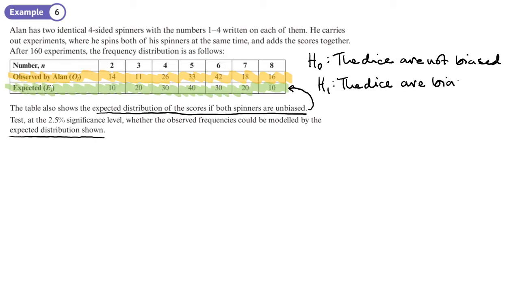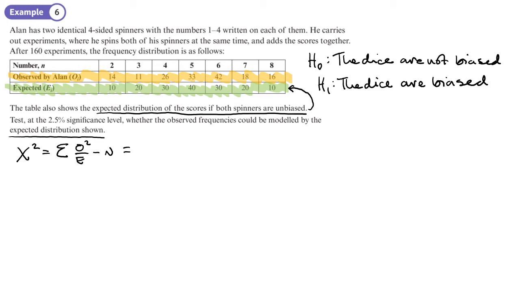Now how are we going to work that out? Well, we're going to work out this sort of variance, as I call it, which is x squared, and we're going to compare it to chi squared. So x squared is the sum of the observed squared over the expected, minus n.